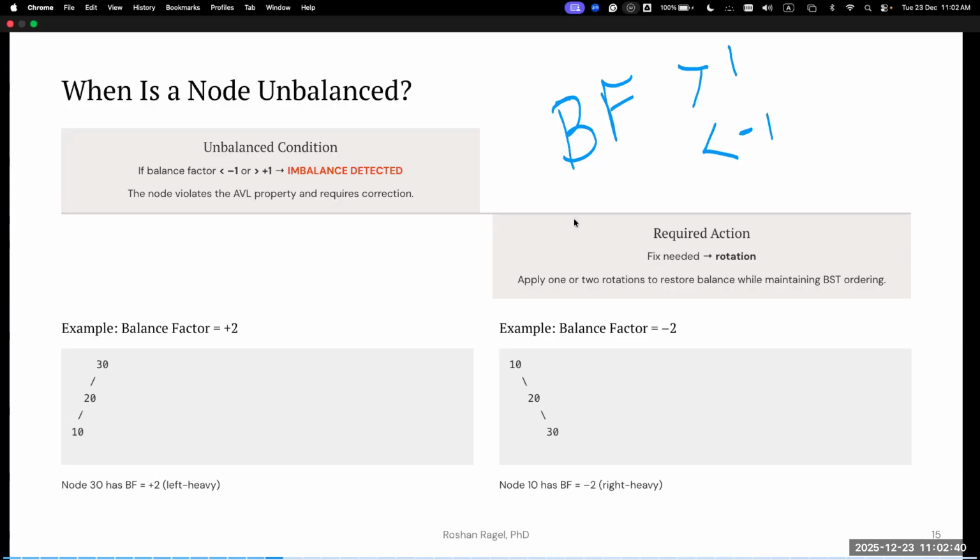So if the balance factor is anything greater than plus 1 or less than minus 1, then we have an unbalanced node, right? So remember I told you about balancing on each particular node. And a little later I'll also show that when you are balancing, you don't really have to balance everywhere.